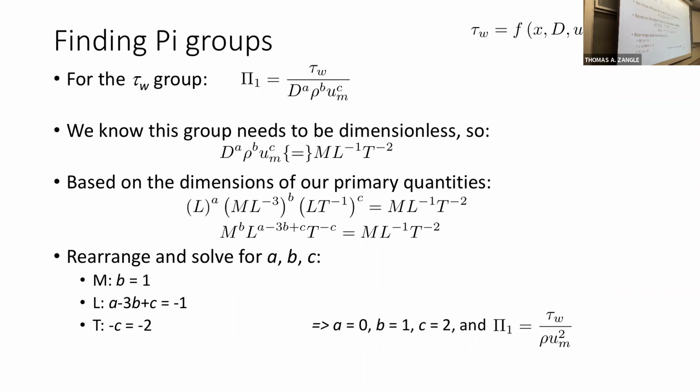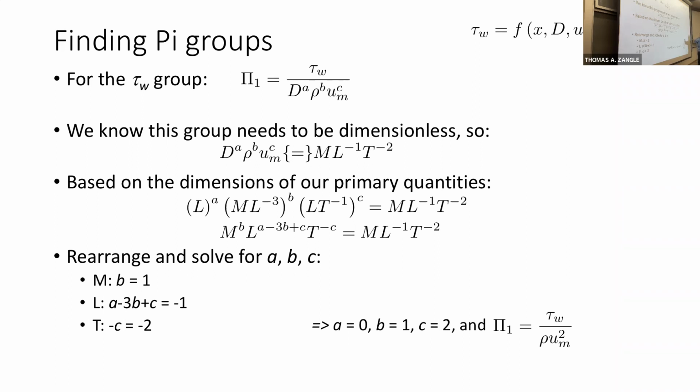Yeah, if you can't find a solution to this, right, then you'll know that something is wrong. And what's wrong there is that you've chosen primary variables that make a pi group on their own. And so you have to make a different choice. So this is an answer to the question of how do I know, right? In the simple example, if you had chosen X and D as your primary variables, you can see by inspection that X over D is a pi group, and that was not a good choice, right?